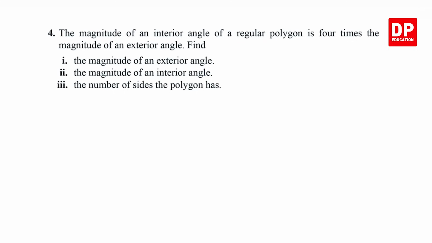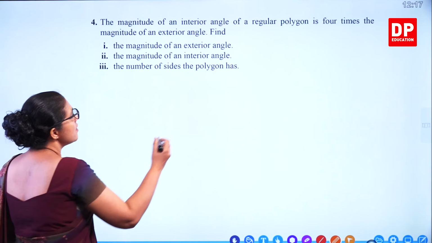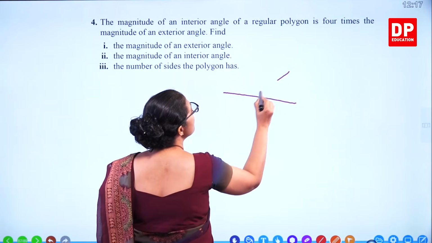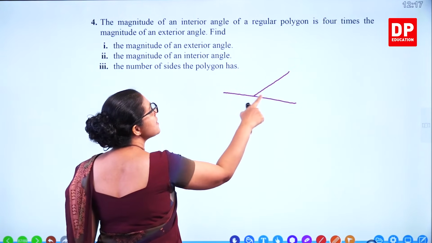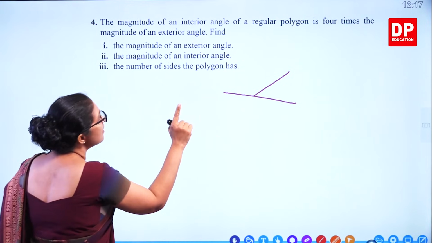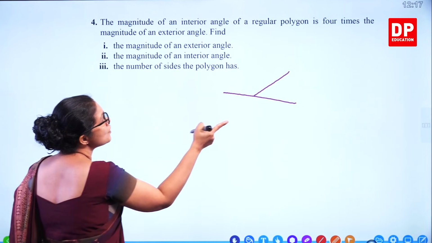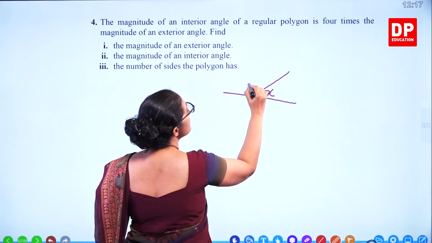The magnitude of an interior angle of a regular polygon is 4 times the magnitude of an exterior angle. Find the magnitude of an exterior angle. So when you take the diagram, exterior plus interior is 180. It says the interior angle of a regular polygon is 4 times the exterior angle.